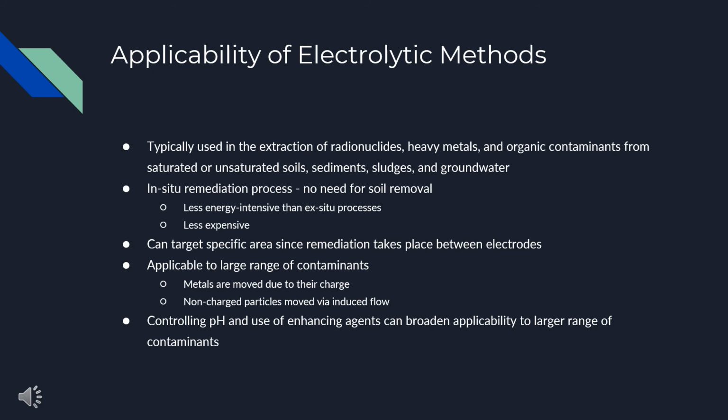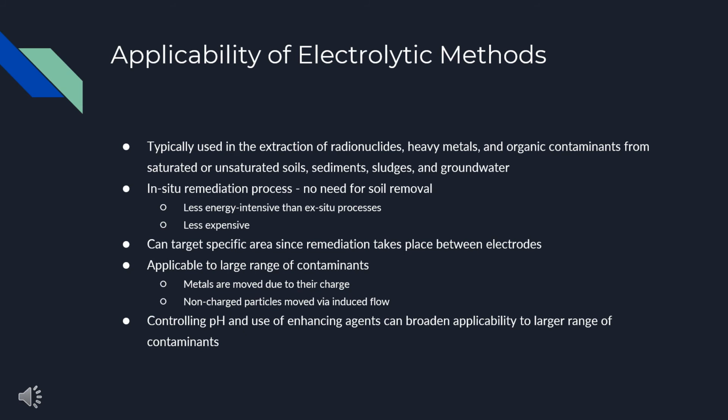Now we are going to talk about the applicability and limitations of electrolytic treatment methods. Electrolytic methods are typically carried out in situ, meaning at the source of the contamination, or in this case, in the ground. It is typically used to remove contaminants such as radionuclides, heavy metals, and even organic contaminants.